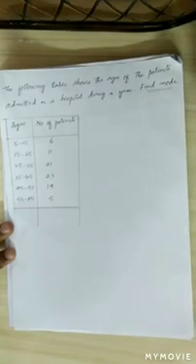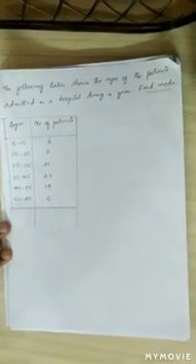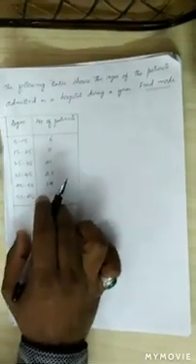It's very simple and easy. In the mean, the first two columns were given and we made a few other columns. But here, there's no need to make any other columns. With just these two columns, we're going to find the mode. The first column is the class interval, CI, and the next column is frequency. Before we go, I'm going to write the formula here, because it's going to help us a lot.